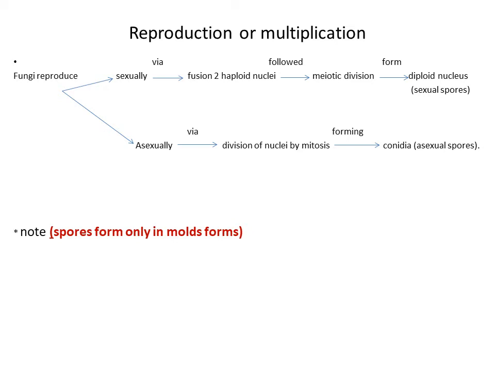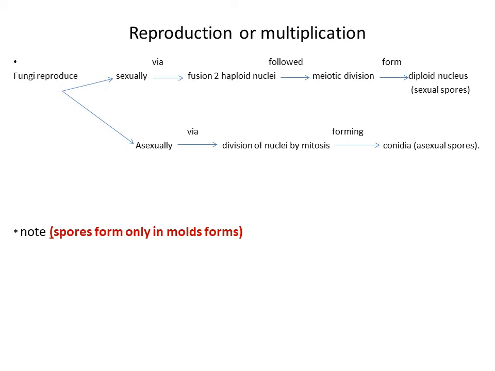Fungi reproduce asexually by fragmentation, budding, or producing spores, the most common mode of asexual reproduction.